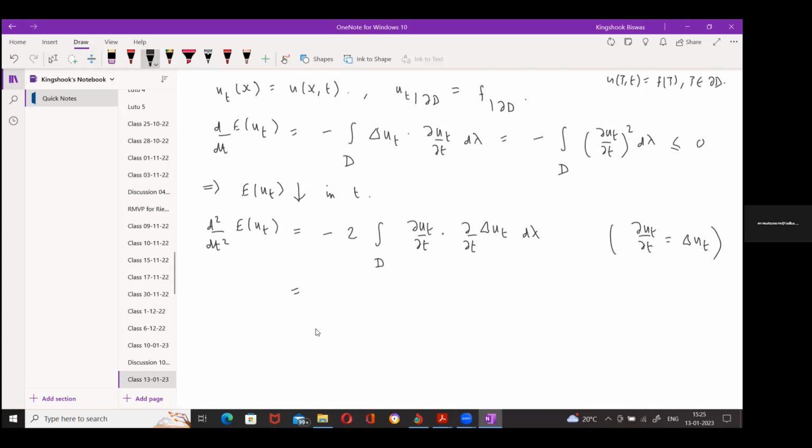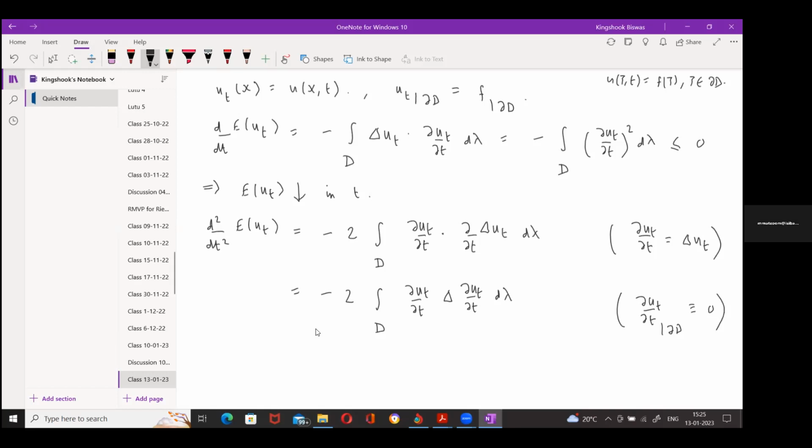Now I can interchange space and time derivatives, right? So this becomes minus 2 integral over the domain D of del u_t del t times Laplacian of del u_t del t. I interchange space and time derivatives. And now notice that del u_t del t is a function which vanishes on the boundary because we're keeping the boundary conditions constant, right?